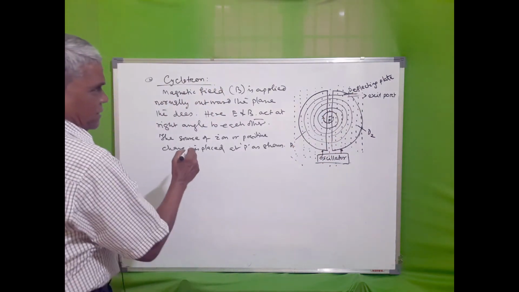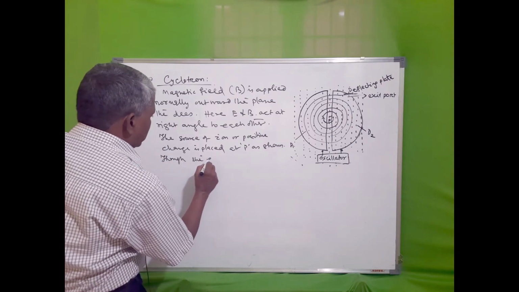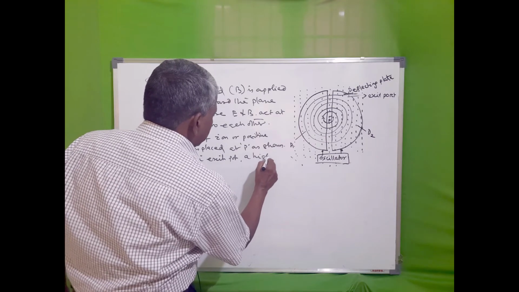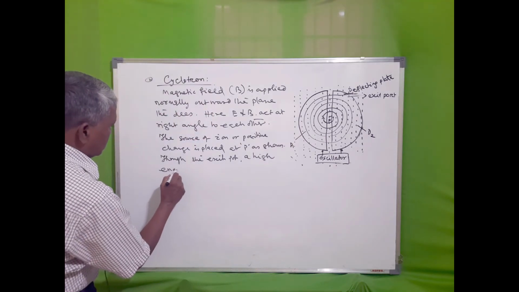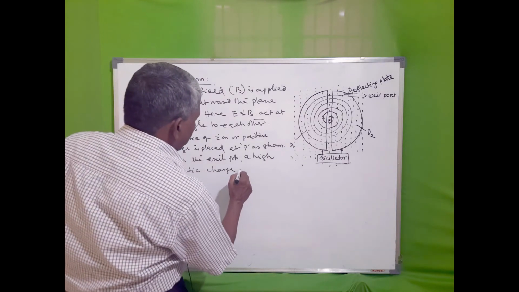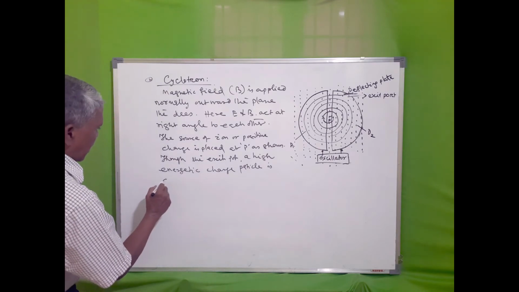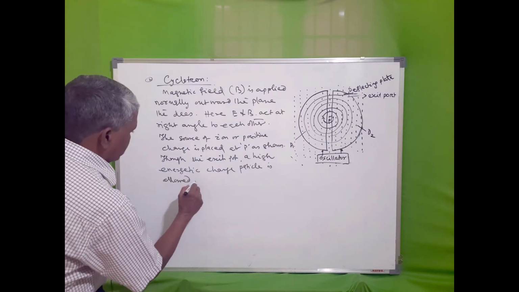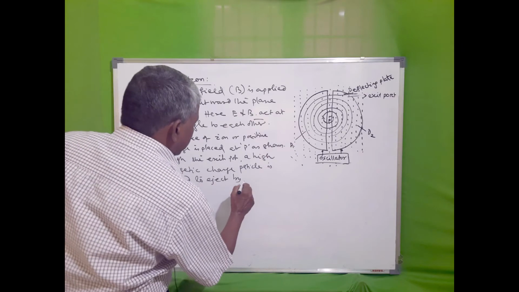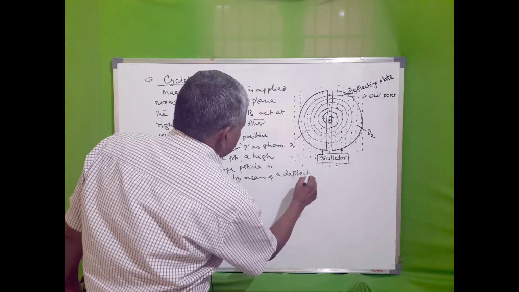Through the exit port, a high energetic charged particle is allowed to eject by means of a deflecting plate.